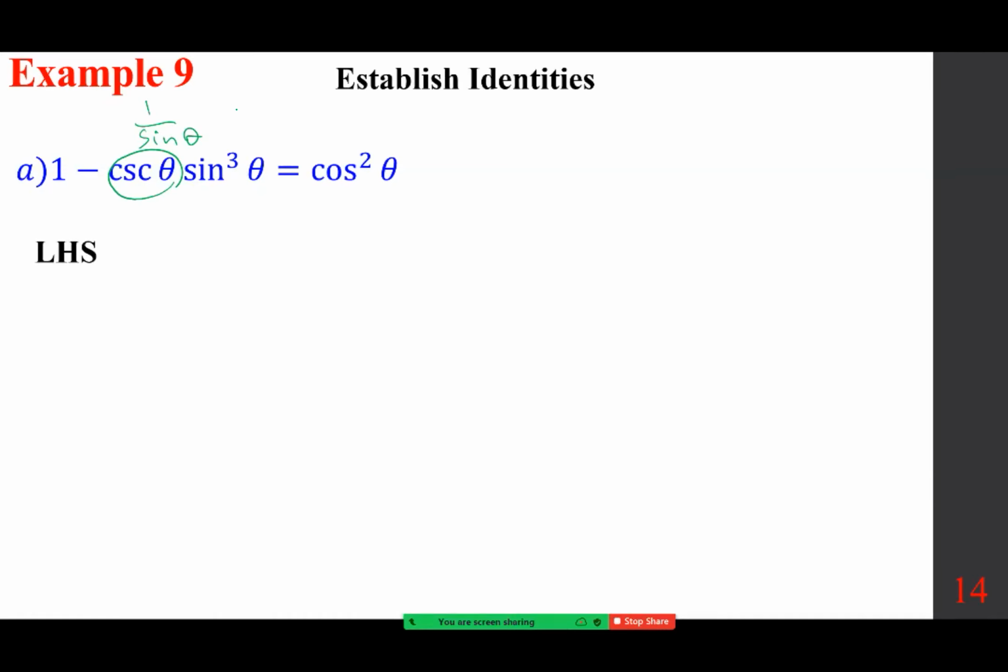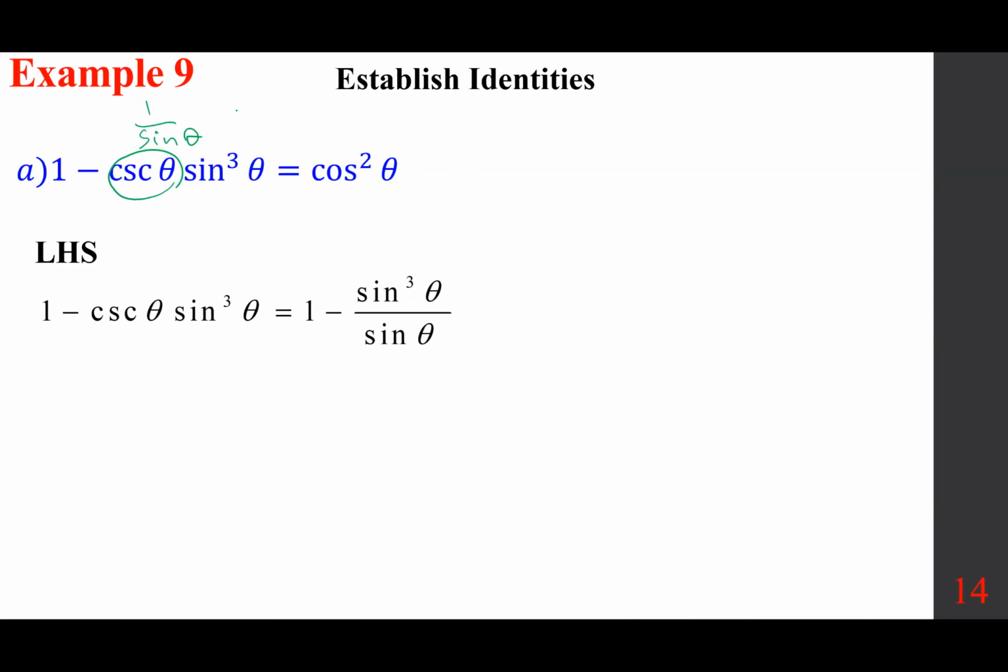So we get 1 minus sine cubed over sine theta. Sine cubed over sine theta is sine squared. 1 minus that is cosine squared.